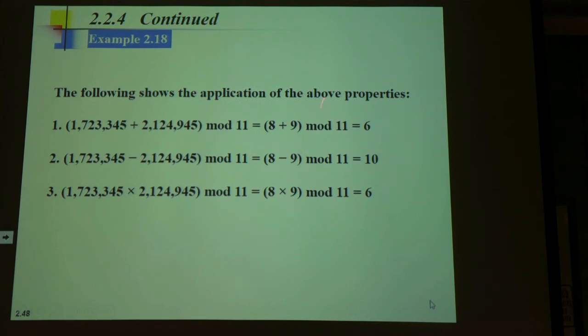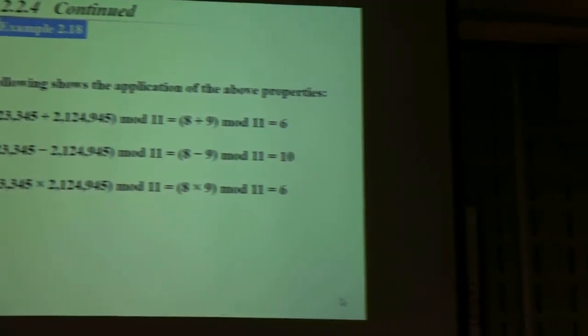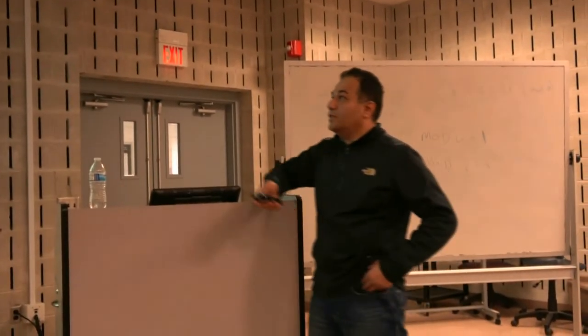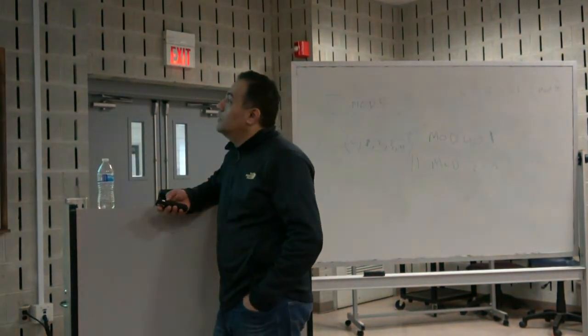Then everything mod 11. So 8 plus 9 is 17, mod 11 gives you 6. That is also very easy to write code for.